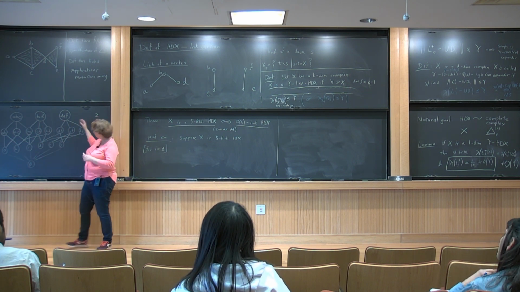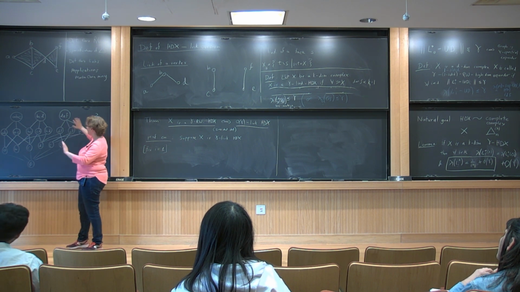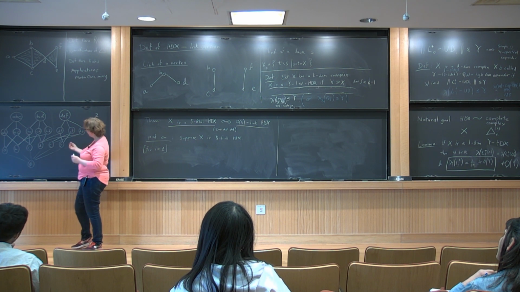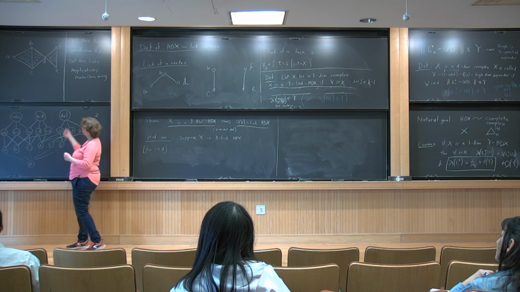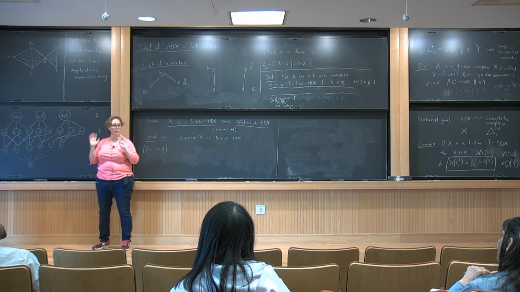So assume even that the complex is two-dimensional. It has vertices, edges, and triangles, and forget about everything else. And I know that every link is an expander. What does it mean? It means that for every vertex, the link around that vertex is an expander. So this is what I know.